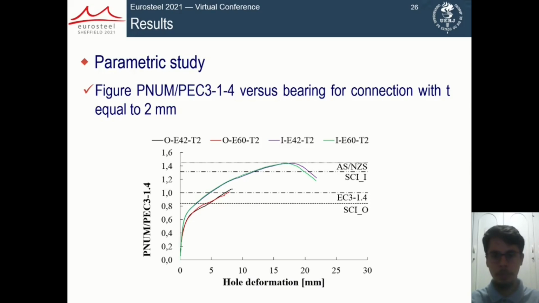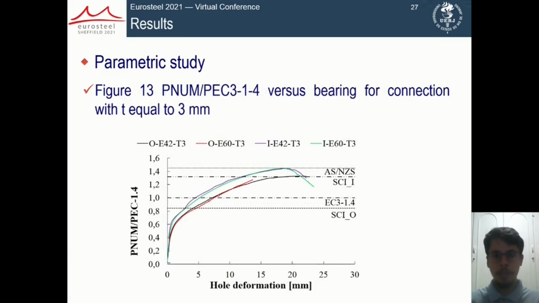It was possible to verify how conservative the codes are in these aspects, except for AS/NZS 4673 and AC-82, which present an excellent approximation for the connections without the curl effect, or in which the phenomenon did not influence the behavior.